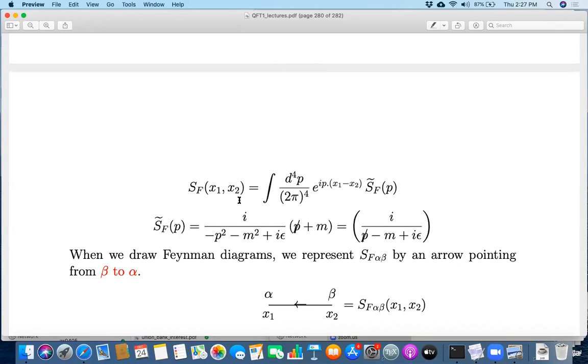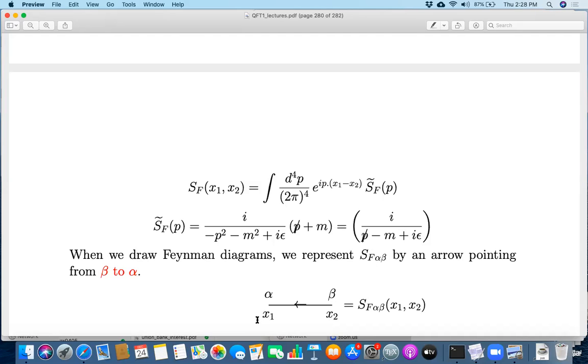Given this, we can now see how to draw Feynman diagrams. As in the case of Klein-Gordon theory, the propagator will be denoted by a line. So SF alpha beta will diagrammatically be represented by a line.